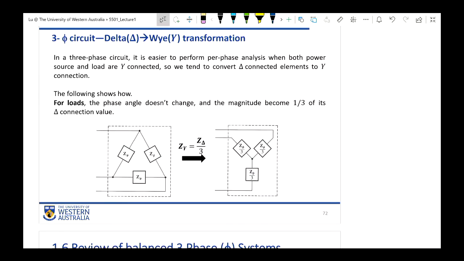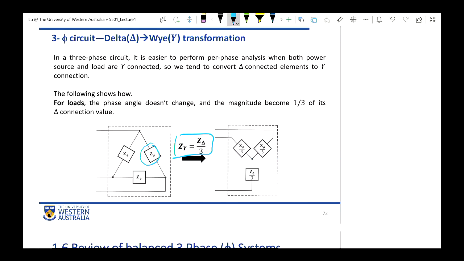If I want to convert a triangle load, or delta load, to the corresponding Y load equivalently, this relationship must be kept. If in the delta load you have Z phi as the impedance, when you convert this to the Y pattern, the impedance of the load must be changed.